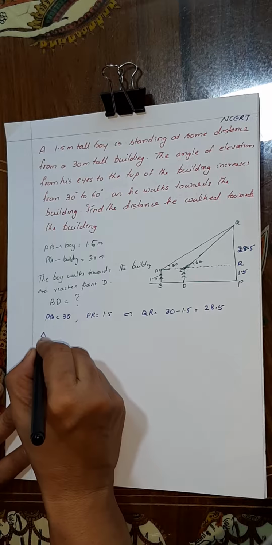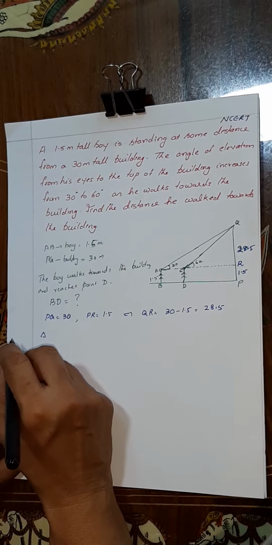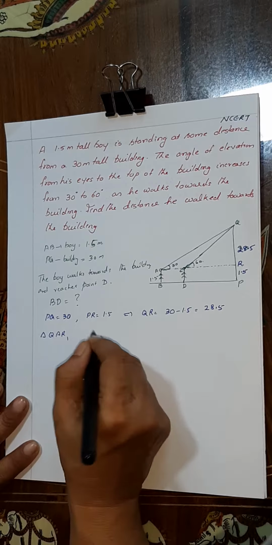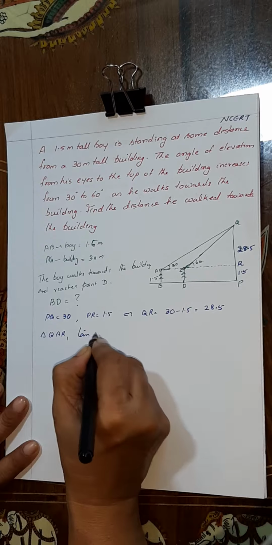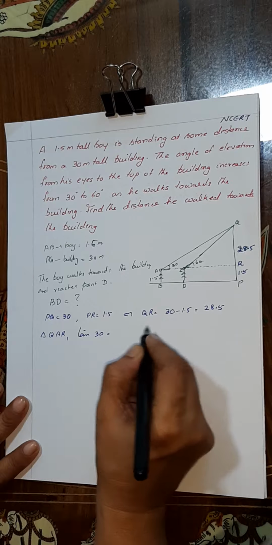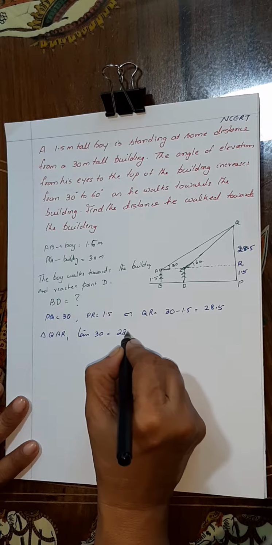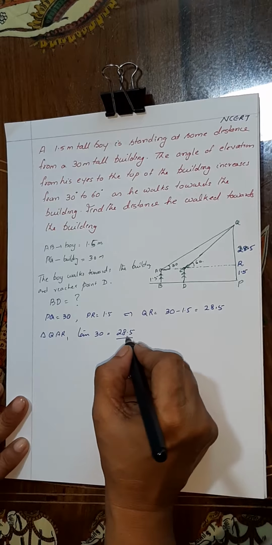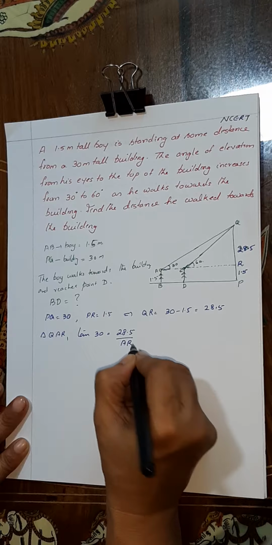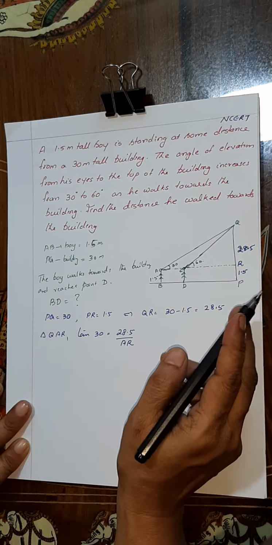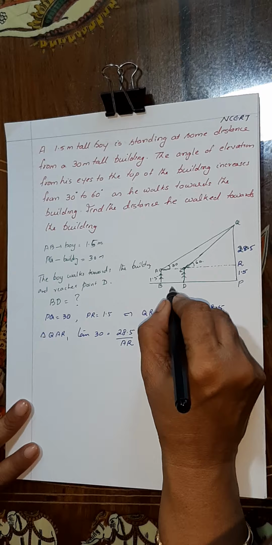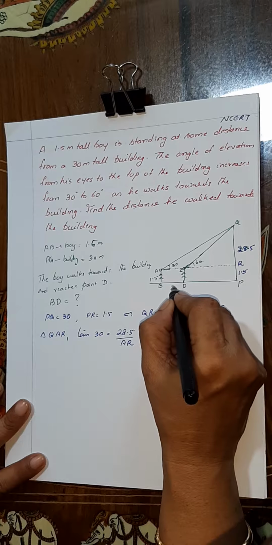Now in triangle QAR, again tan 30 is equal to 28.5 by AR. So let us take these values as x and y.